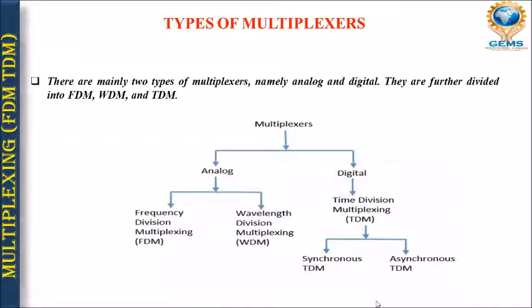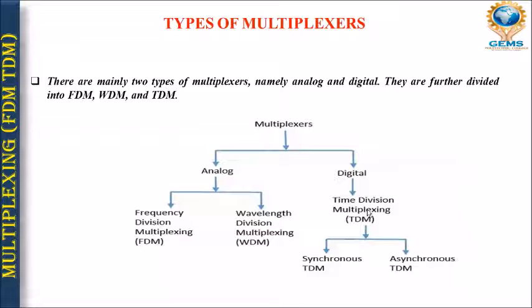Here we can see that this is the multiplexer, and this multiplexer is divided into two parts, that is analog and digital. Further, analog may be divided into two parts, that is frequency division multiplexing, which is also known as FDM, and wavelength division multiplexing, which is also known as WDM. Digital is further subdivided into time division multiplexing, and there are two types of time division multiplexing. First is synchronous TDM, and next one is asynchronous TDM, right?